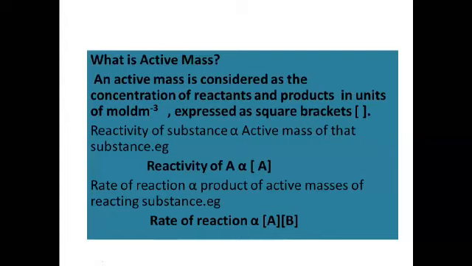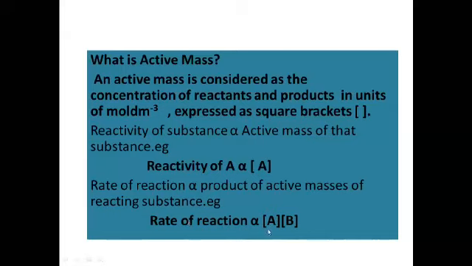It means that if the concentration of A and B is greater, it is understood that their product will also be greater. Lesser concentration means lesser product. So if the concentration of A and B is greater, then the rate of reaction will also be greater. Lesser concentration, lesser will be the rate of reaction.